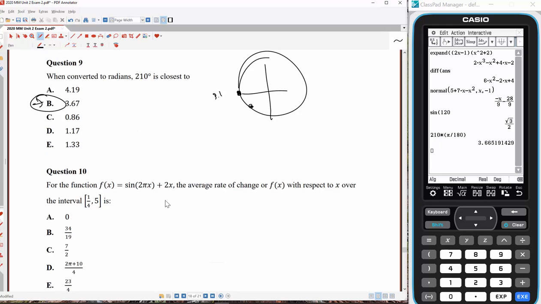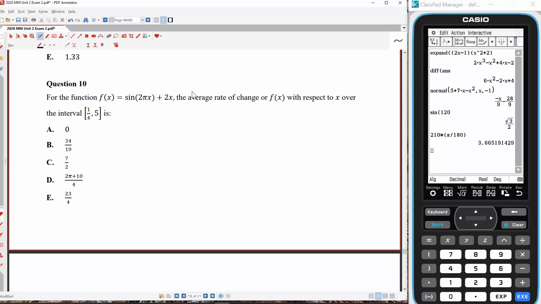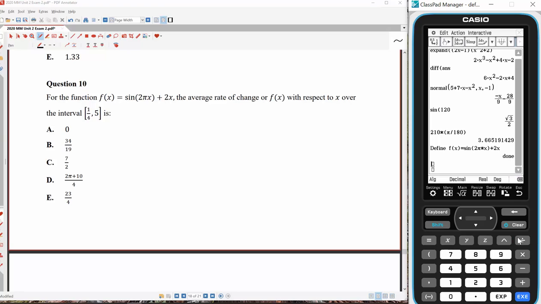All right, this one, the average rate of change. Okay, so for these ones here, define f of x equals sine of 2 shift pi times x plus 2x. And what we'll do is we'll do f of 5. Actually, let's do a shift divide.